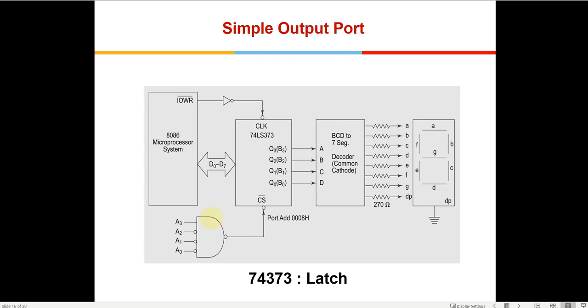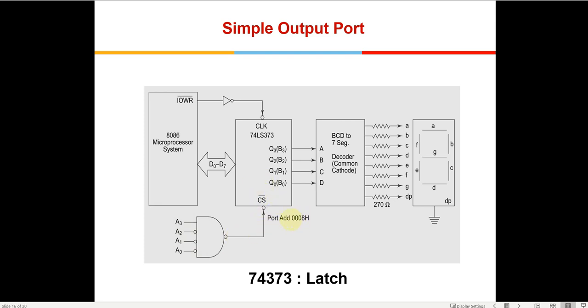Now we also need to use an address decoder out here. Suppose we have assigned this as port 8. These are the address lines A0, A1, A2 and A3. These 4 lines will be used as an address decoder to select this chip.